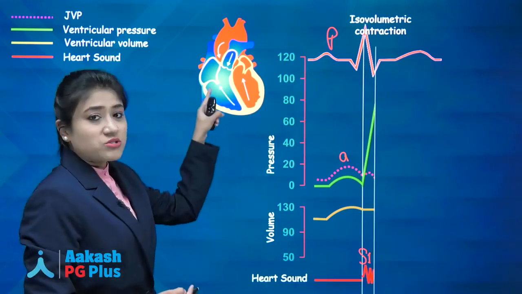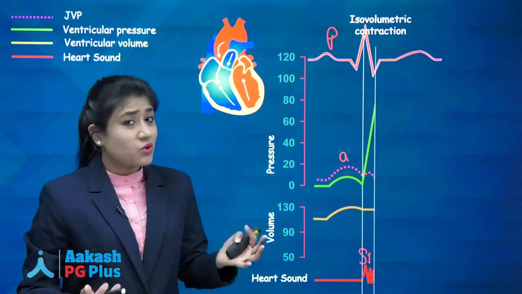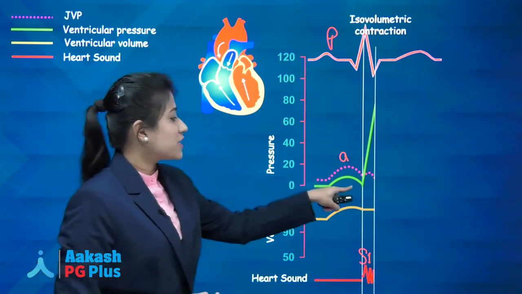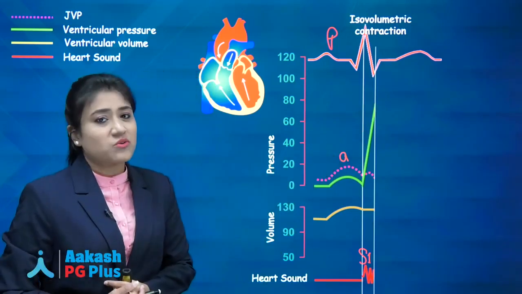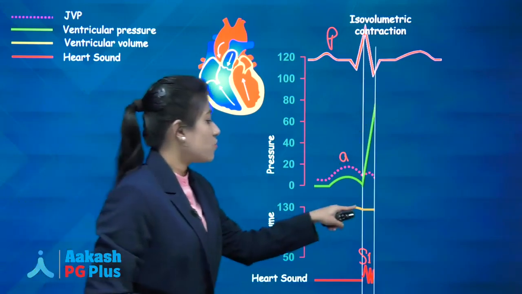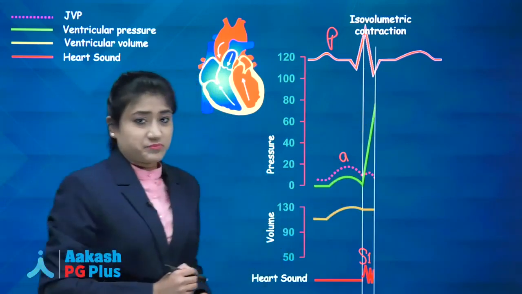Now valves are closed, both the AV valves and semilunar valves. They both are now closed. Now ventricles are contracting. So here you can see that ventricular pressure is now increasing. What about ventricular volume? As both the valves are now closed, ventricular volume remains constant. What is happening to the atrial pressure?